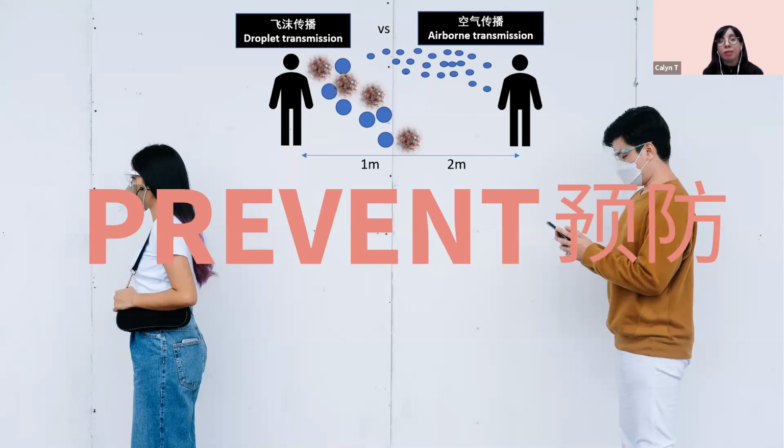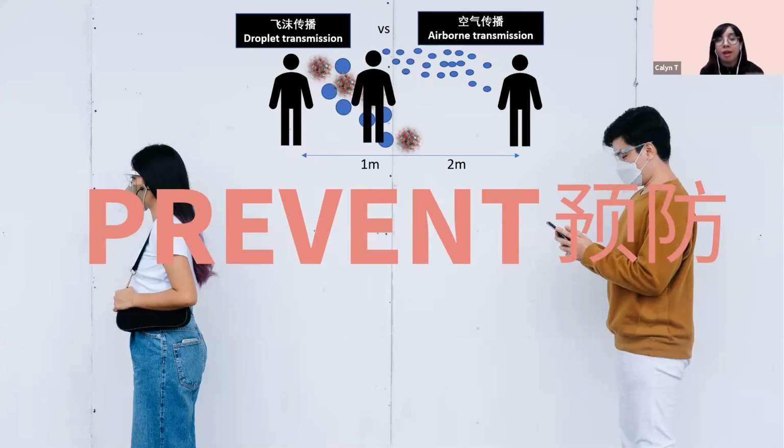But for now, most researchers point to droplet transmission for COVID-19, although in certain cases, in a very confined space, some droplets may linger around for a longer period of time. Essentially, when someone is within 1 meter distance, you are more likely to get infected with COVID-19, because that's how the virus is transmitted.